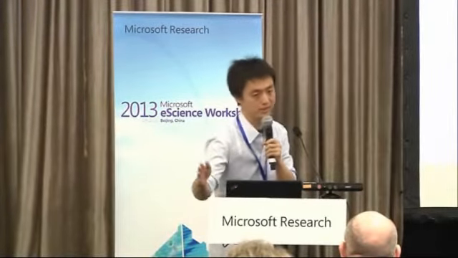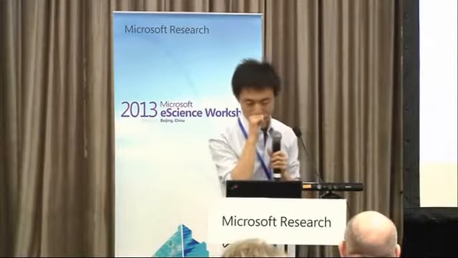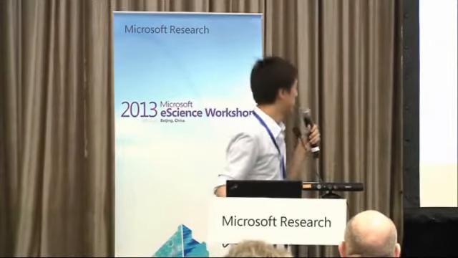Now, we have covered all the basic concepts about the Kinect for Windows SDK. Now let's talk about the Toolkit. The Toolkit includes a lot of samples and several very important libraries provided by the Kinect for Windows Toolkit team. Actually, I'm working on the Kinect for Windows Toolkit team. The first one is Kinect Fusion.